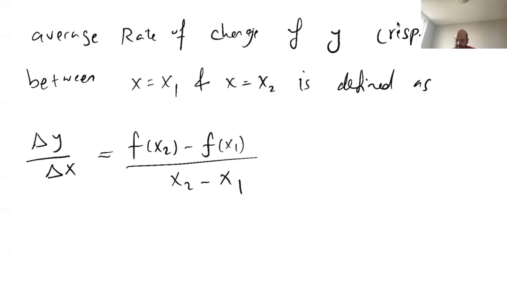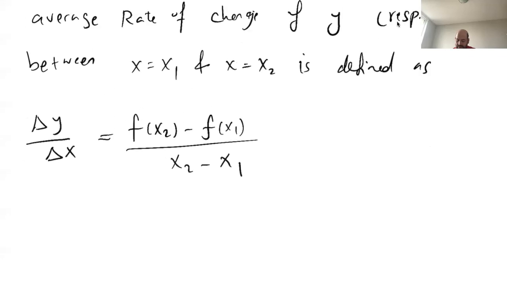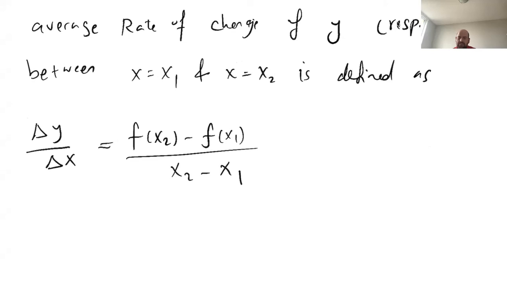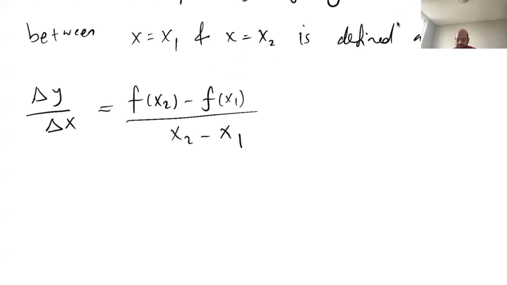This is called the average rate of change of y with respect to x between x1 and x2. So average rate of change is always defined between two points, x1 and x2.